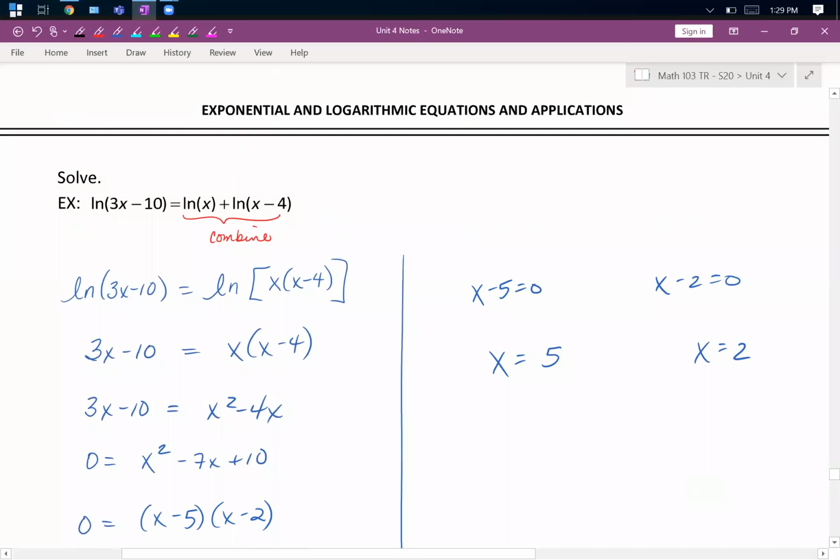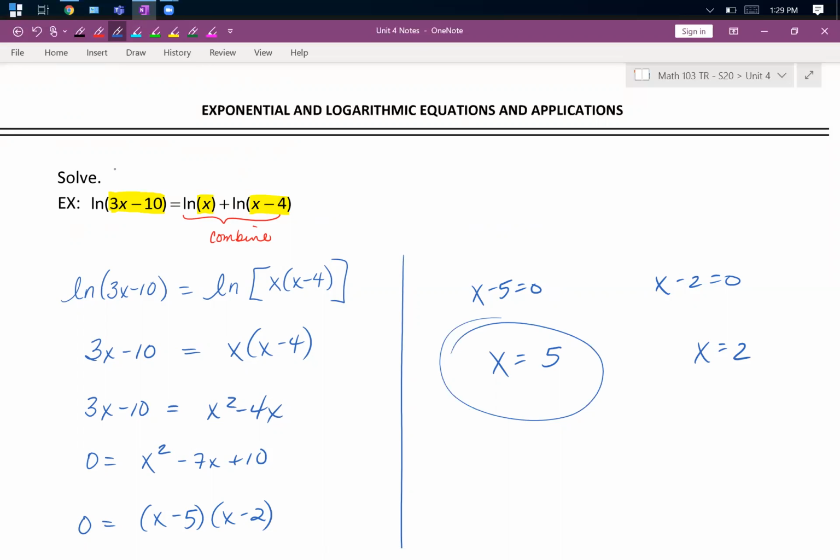Oh, we need to quick check our solutions in the original. So we'll just take them and plug them into the original argument. Make sure that we get a positive. If we don't, we got to throw it out. So if we plug 5 into these three arguments and clean it up, do we always get a positive? Sure do. But then we'll do the same thing and plug 2 in.